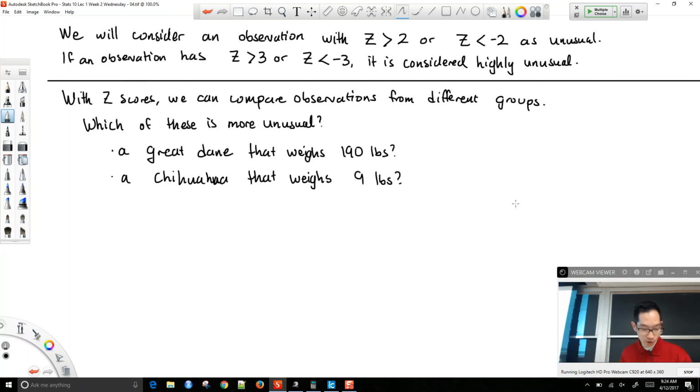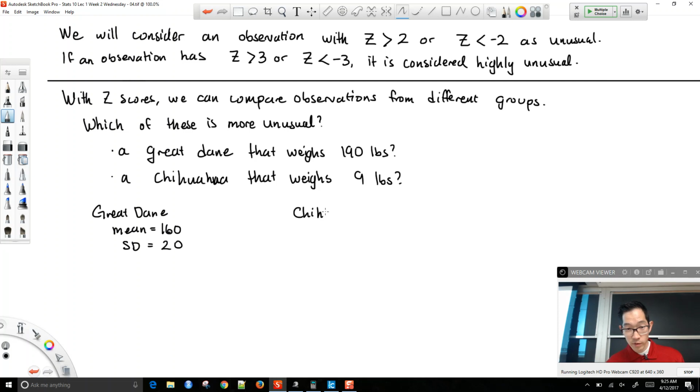Okay, and so this will be a clicker exercise for you guys. What I've done, because this is what I do, is I went online and looked up the average weight of a Great Dane and tried to find information about the spread of weights. So for Great Danes, the mean is 160 and the standard deviation is 20, okay?